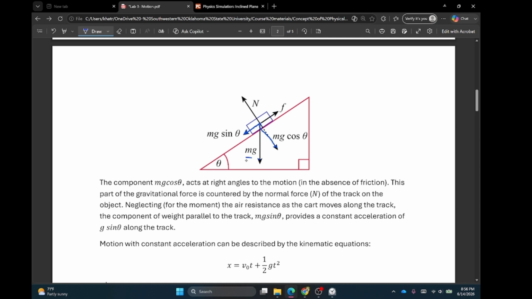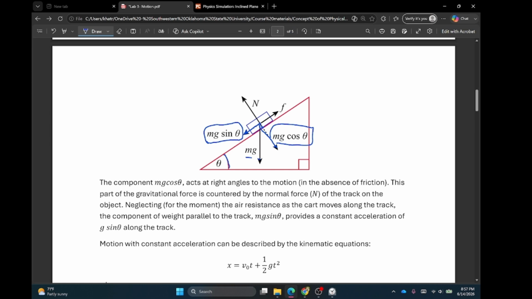If we were to resolve this force, since this angle is theta, the component along the plane will be mg sine theta, and the component that's perpendicular to the surface will be mg cosine theta. And this mg cosine theta force is going into the surface.